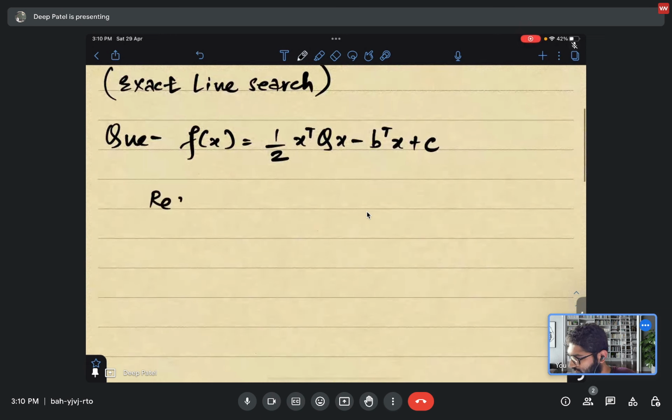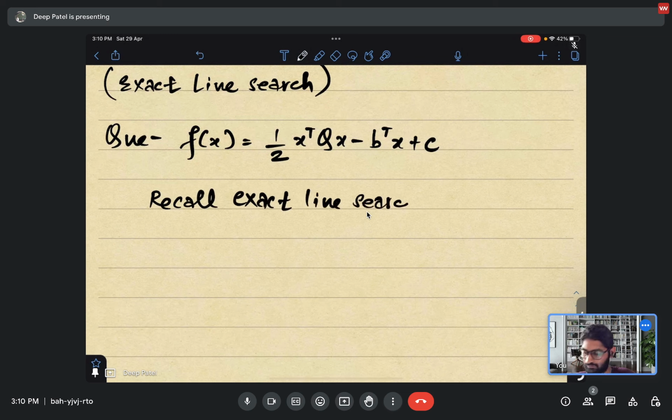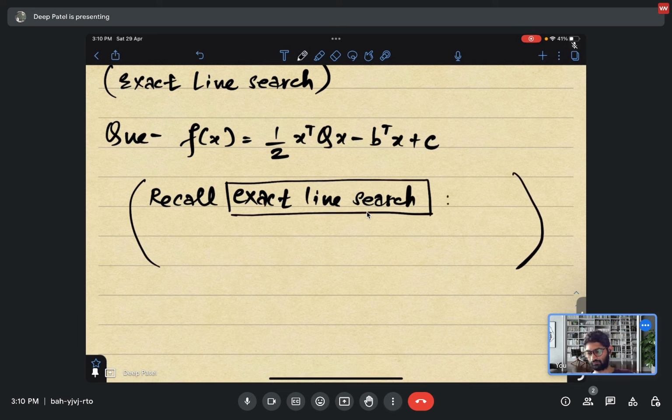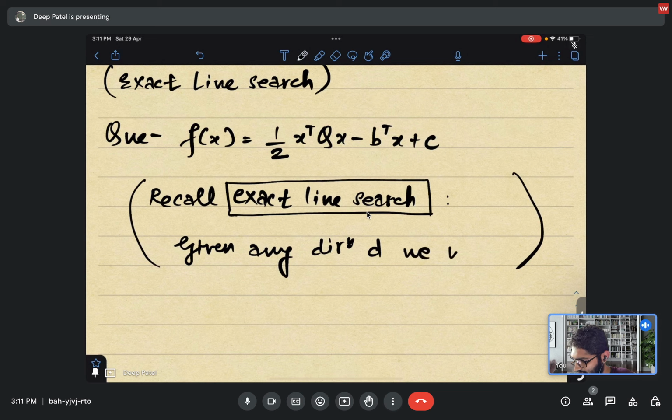Right, and what is exact line search? Okay, so the idea is that given any direction d, actually it will be a descent direction, but right now I'm just writing direction d.